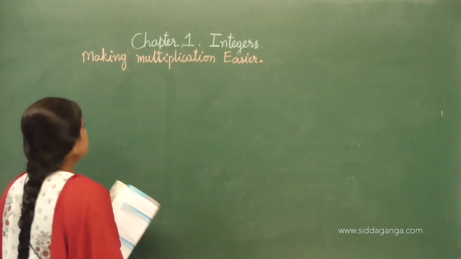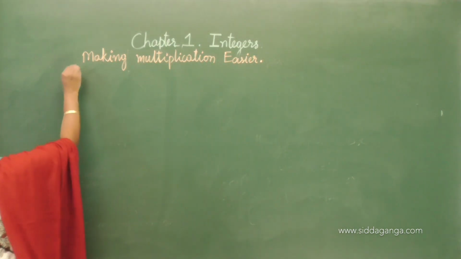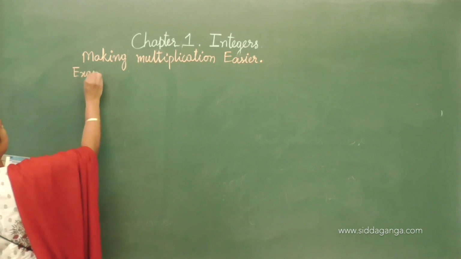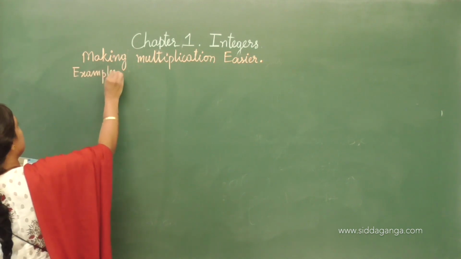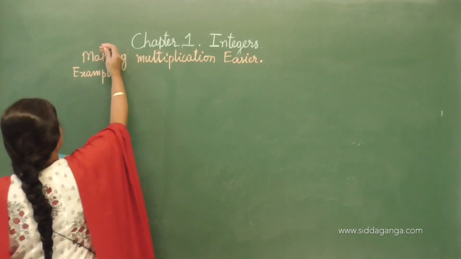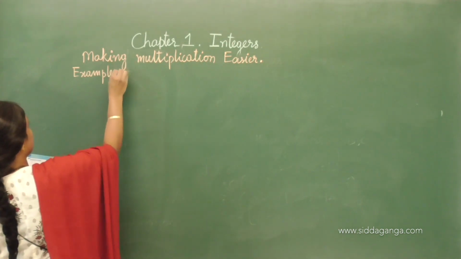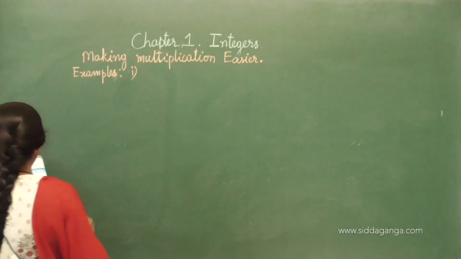Okay. Examples. Consider any 3 numbers, 4 numbers. Okay. First one.